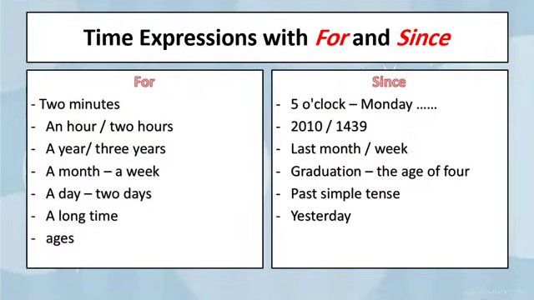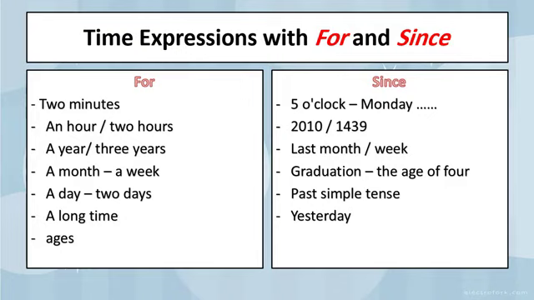Time expressions with for and since. Here, my dear students, we have some words used with for, others used with since, and you cannot replace for by since or since by for. We can say for 2 minutes, for an hour, for 2 hours, for a year, for 3 years, for a month, for 2 months, for a week, for 2 weeks, for a day, for 2 days, for a long time, for ages.